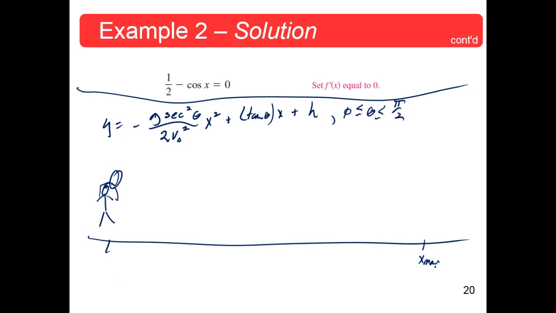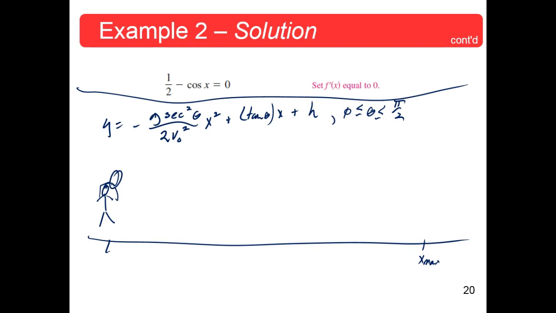On a basketball court, the maximum horizontal distance is going to be when it hits the ground. What's your y there? 0, right? Because he's shooting from 9 feet up, but maximum horizontal distance would be the first bounce, and y is equal to 0.